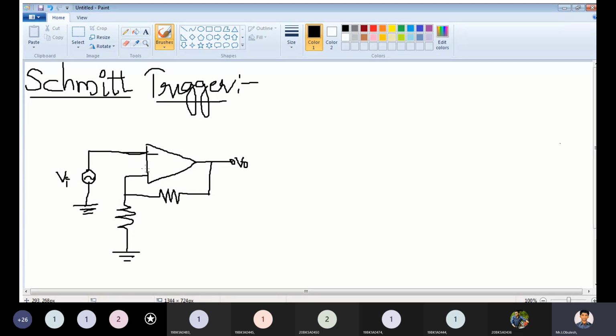This is the inverting input terminal. This is the non-inverting input terminal. This is minus VEE. Positive VCC.